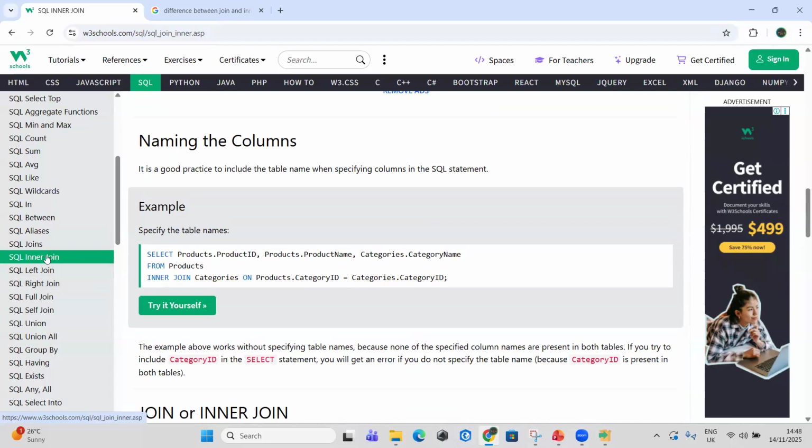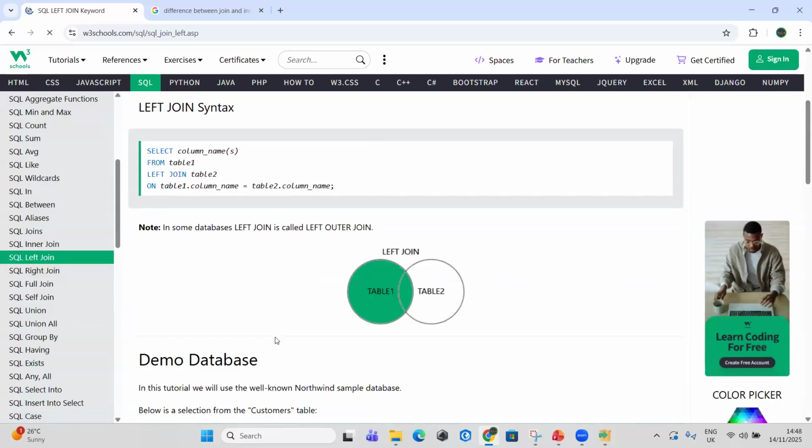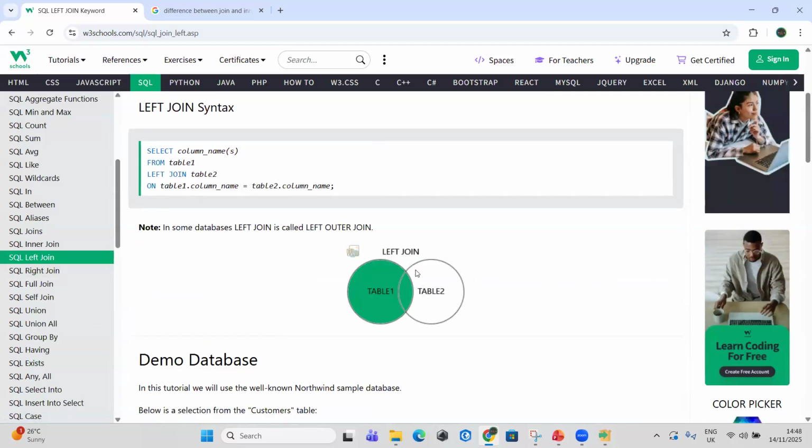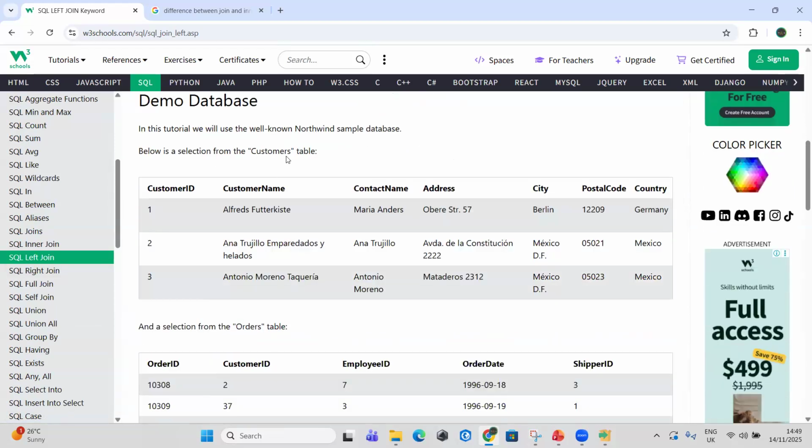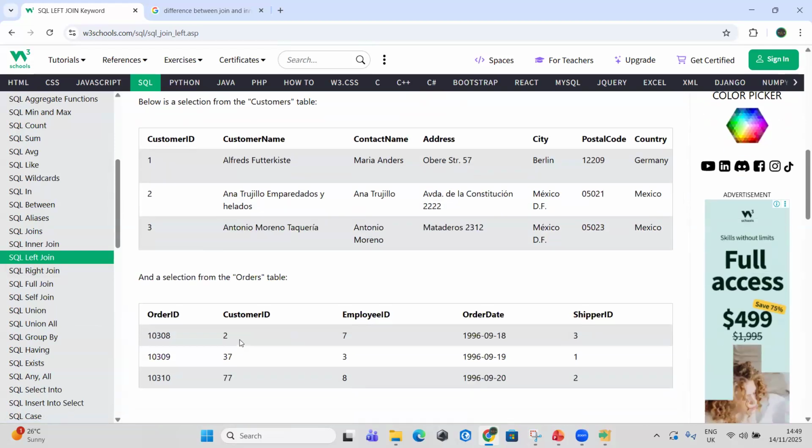Now, when you talk about left join, what this means, to explain it very carefully, just imagine there are two tables, table 1 and table 2. So your table 1 is customers and your table 2 is orders.